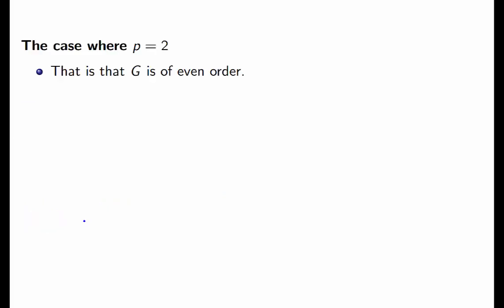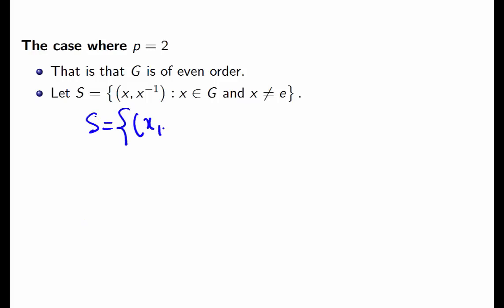So let's suppose that p is equal to 2. This really tells us that G is of even order. Okay. And now let S be the set of all ordered pairs of the type (x, x inverse), where x is running through all elements of G, but then we prevent x from being the identity element.